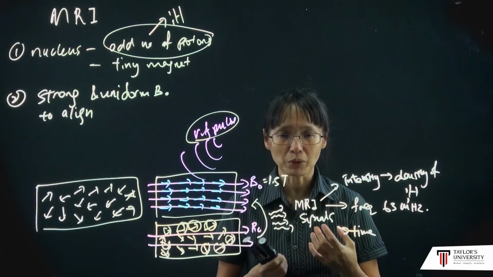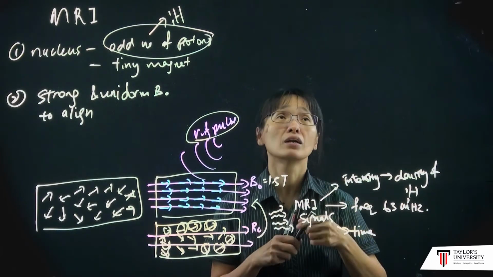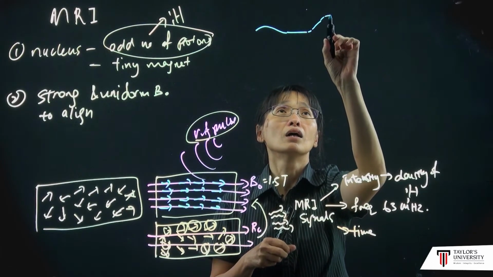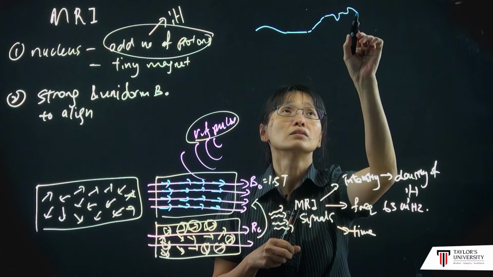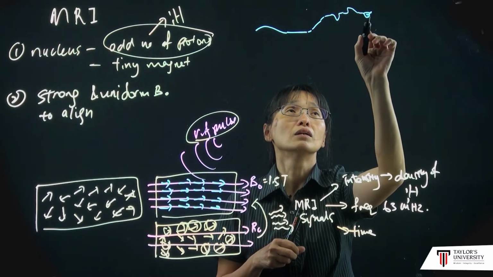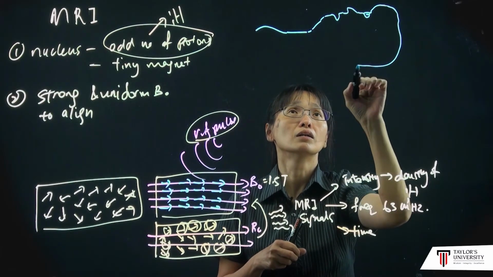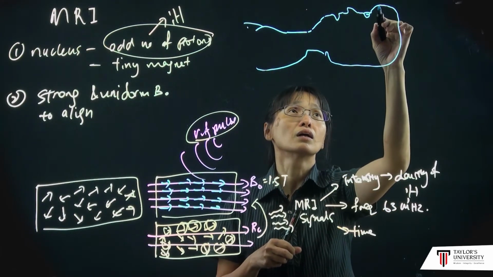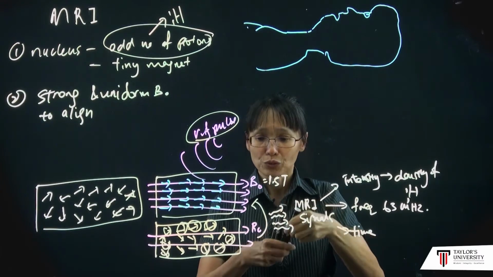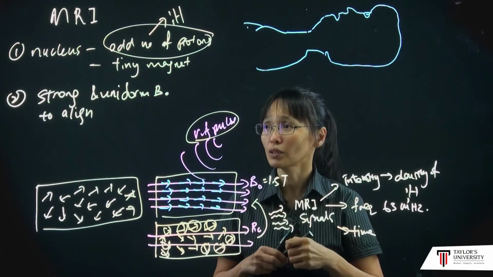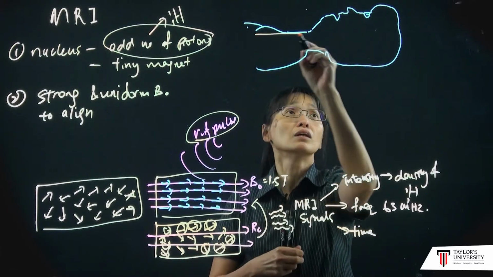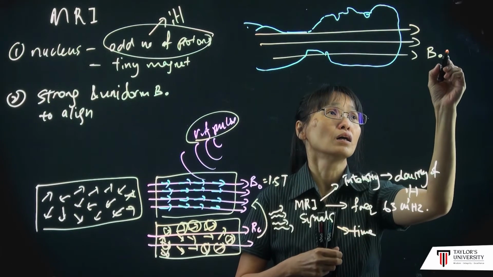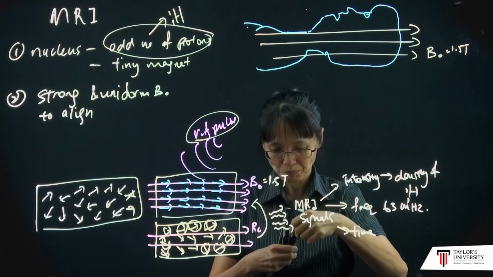Now, let's say, for example, we want to get the MRI image for our brain. So what we do is we will impose the external strong and uniform magnetic field (1.5 Tesla).